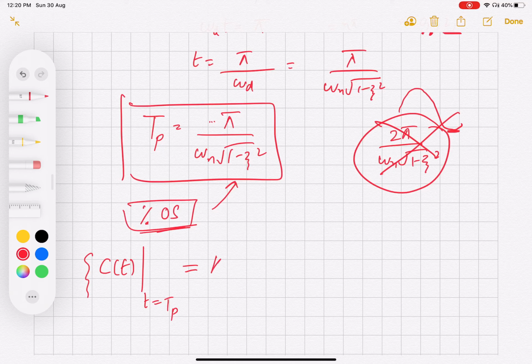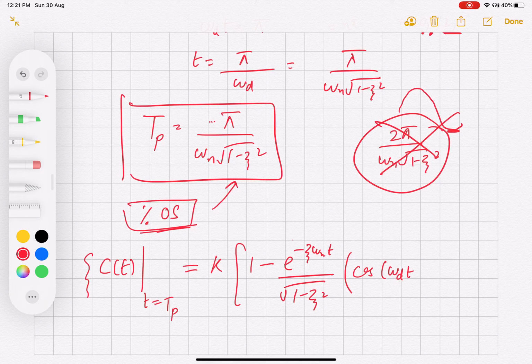So if you look at this c(t) at t equal to TP, let us take the first expression that we have: 1 minus e to the power minus zeta omega n t divided by under root of 1 minus zeta square, and inside you have cos(omega d t minus phi).